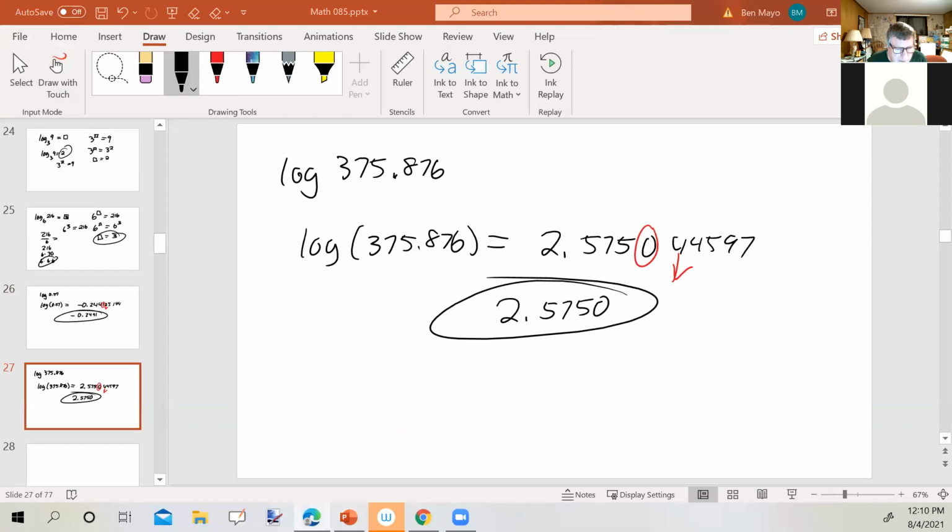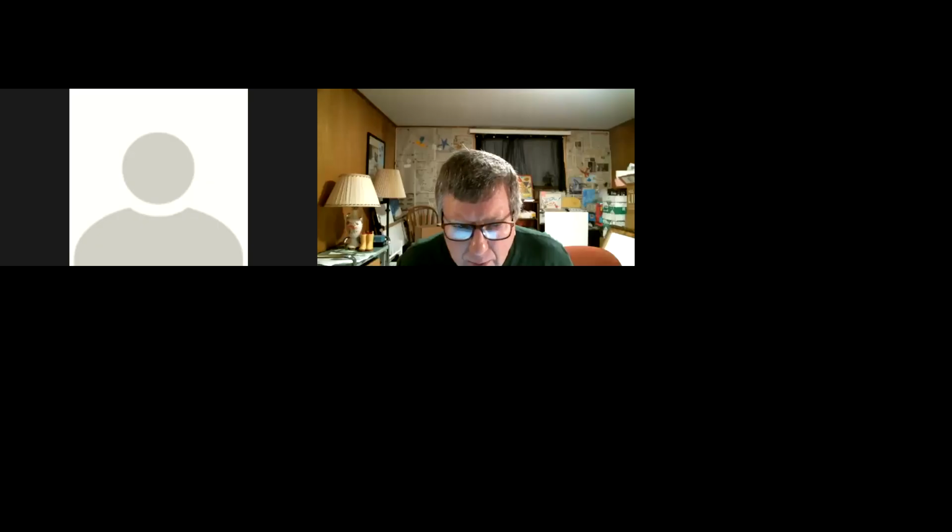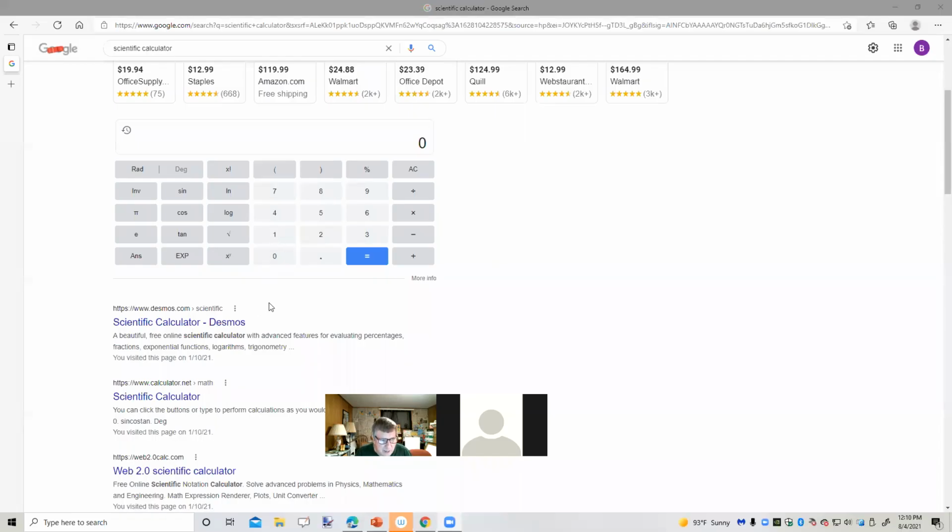Let's look at a calculator online here for just a minute. Now, this is not the same as the calculator that I've been using, but we've still got a LOG button here.